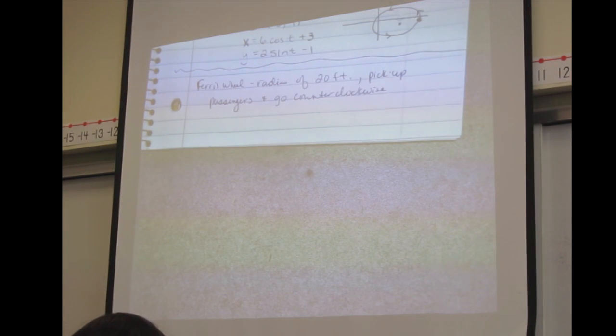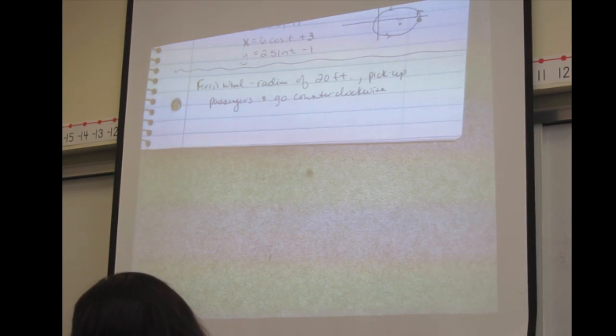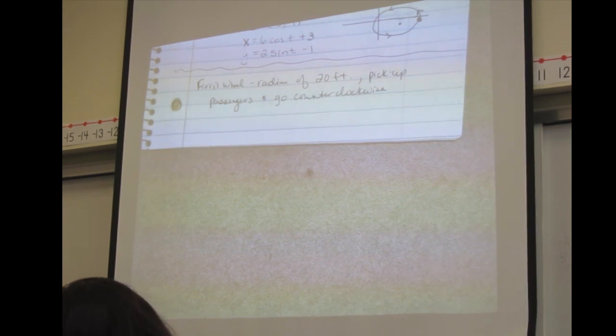And then I'll change it on you in a second once you get this, because this is kind of easy. I was saying t equals 0 is at the bottom. Yeah, you're picking up passengers down at the bottom. So that means t equals 0, you gotta pick up a passenger down at the bottom.